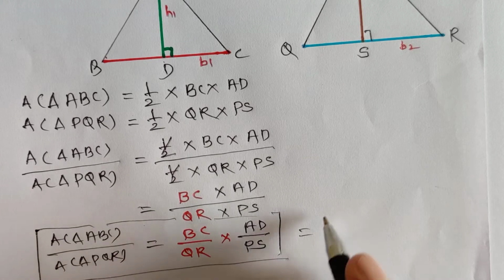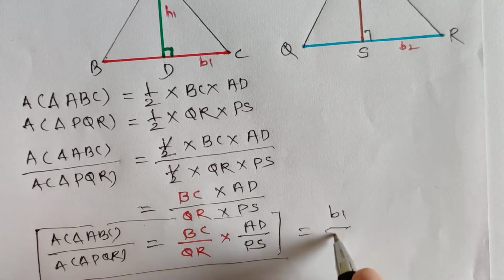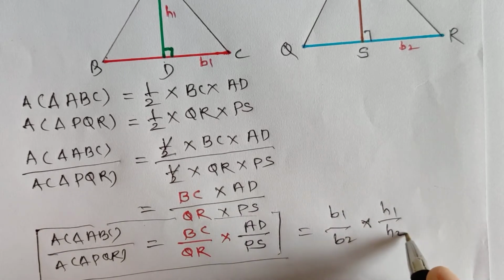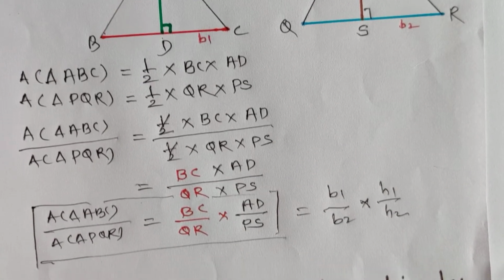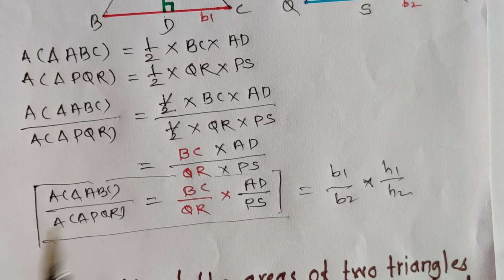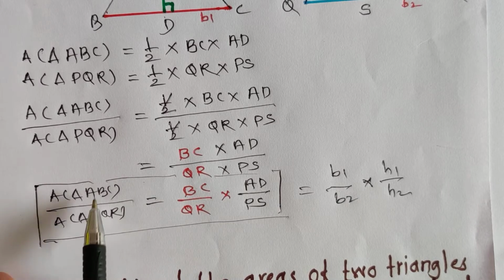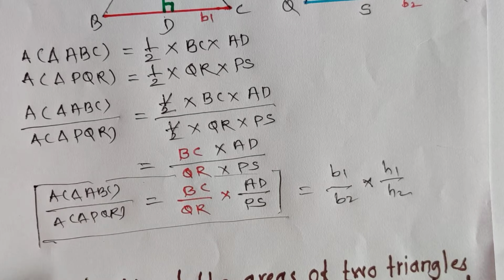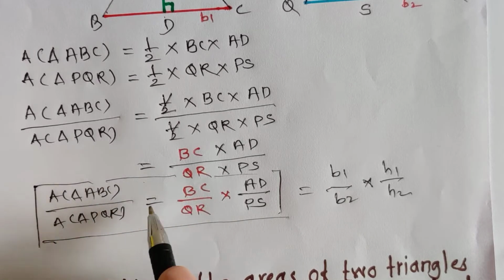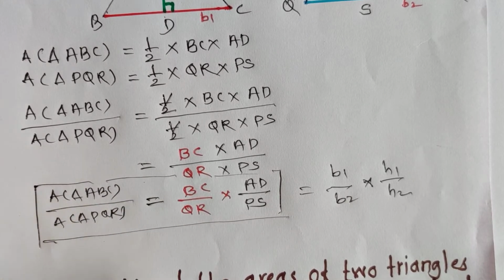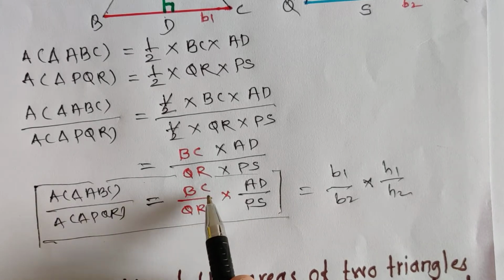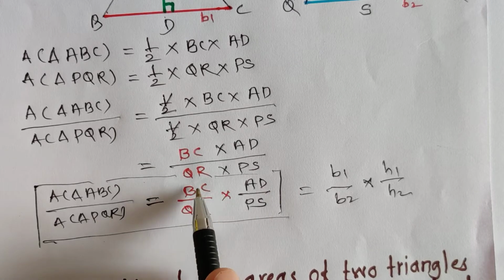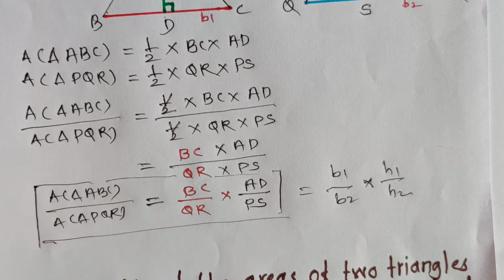So here we get B1 upon B2 into H1 upon H2. So we can write the property. If we observe, this left hand side is the ratio of areas of any two triangles, which is equal to the ratio of the product of their corresponding bases and heights.